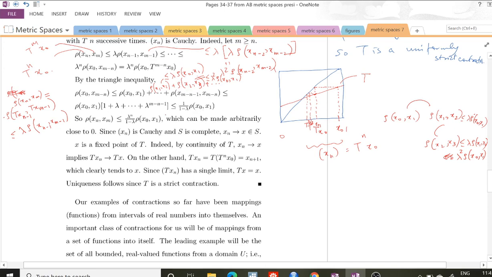So we've established that in the sequence xn, the distance between 2 points xn and xm is less than or equal to lambda to the n times 1 by 1 minus lambda, times the distance between x naught and x1. So this is my x naught, that was my x1, that was my x2, that was my x3, and so forth.